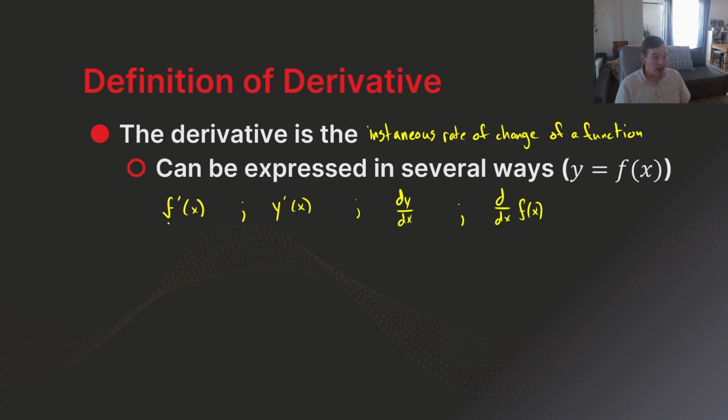So again, that was f prime of x, y prime of x, and this is just a little apostrophe up here. Then dy by dx, so just dy reading the top, by for the division, dx for the bottom. Fourth one, d by dx of f of x. Again, we'll get into details of what those mean and why we write them that way later.